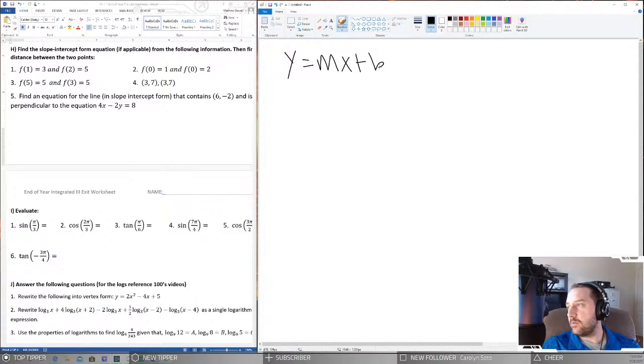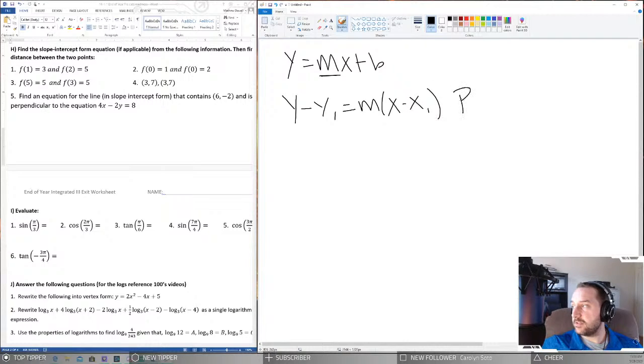But we need to know a point, and we need to know the slope to be able to find it. Now, I personally, and I don't know exactly the way that they went around for you to be able to find that, but I like starting with this equation always. This right here, we call this the point slope formula.